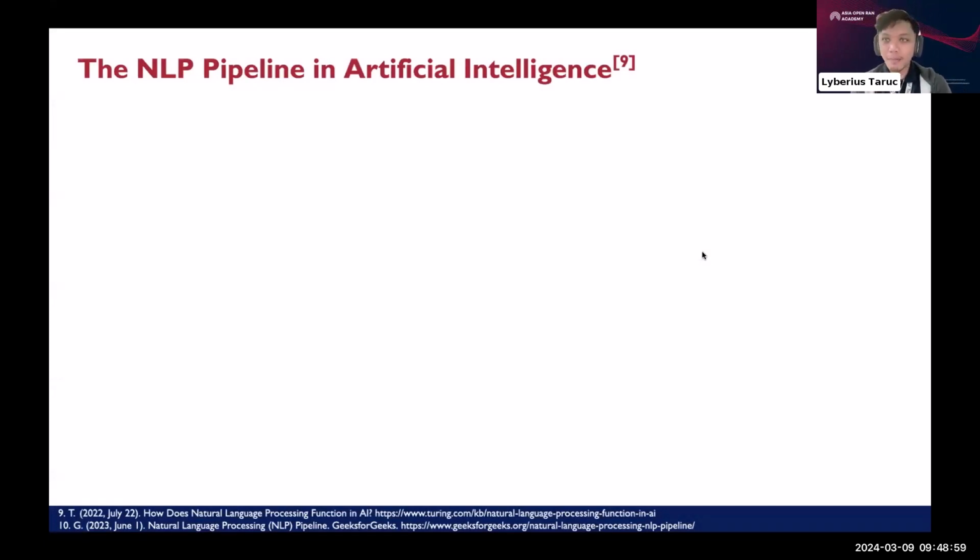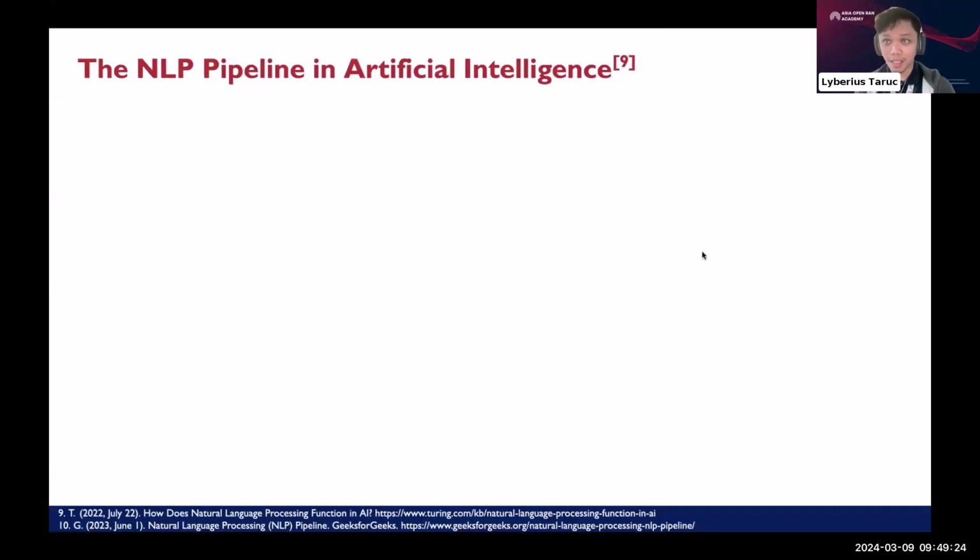So I say pipeline because data in the form of text is considered to be unstructured data. Even though it is written in paragraph form, it is treated by the machine as unstructured data, meaning that it's just a blurb of text for it.